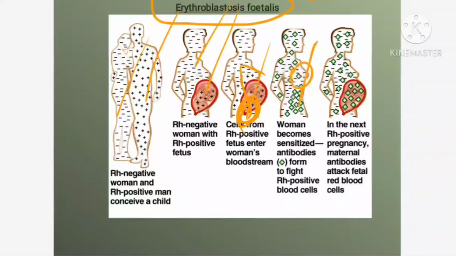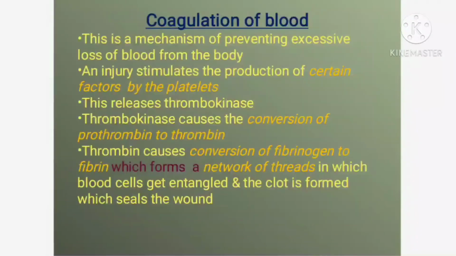So, the mother starts to produce antibodies. The second time, when she is again pregnant with a positive child, these antibodies will attack the red blood cells of the fetus and the fetus will die. This condition we call what? Erythroblastosis fetalis.